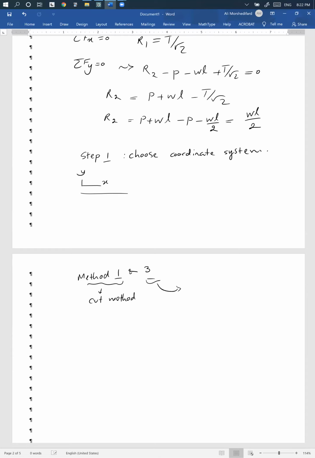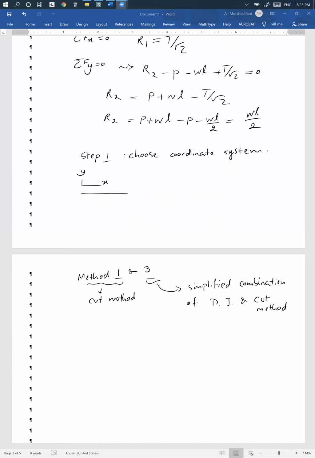Method 3 is a simplified combination of direct integration and the cut method; I don't have a name for it, you can call it that. This method 3 just gives you the geometry of the shear and moment diagrams, but the cut method gives you the actual equations.